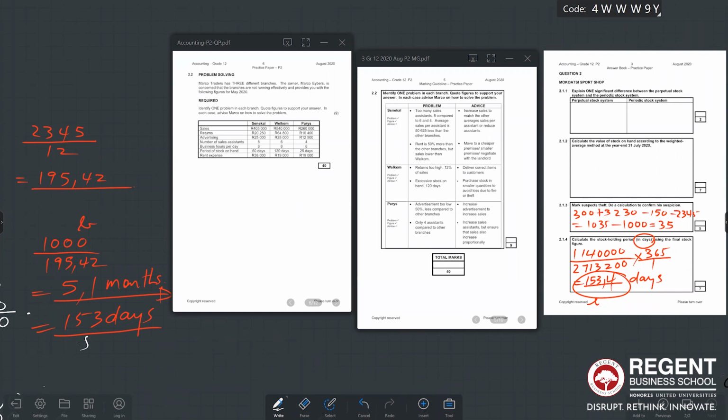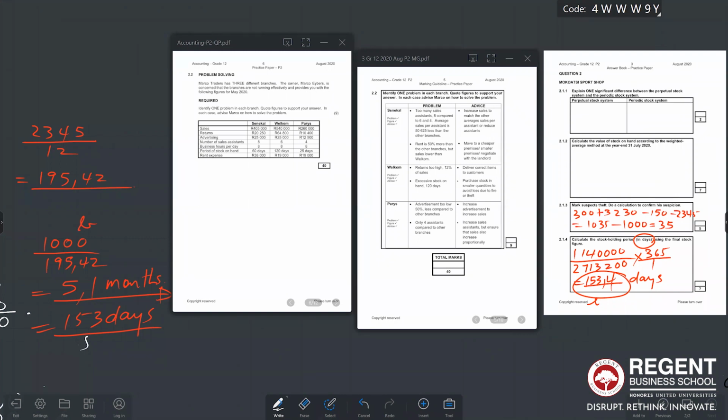Everything is tested. Okay, that takes care of the stock valuation, and I told you on the stock valuation, your FIFO, weighted average, specific identification method, you need to look at it nicely, properly work those examples out. Okay, you've got periodic inventory, you've got perpetual inventory system.